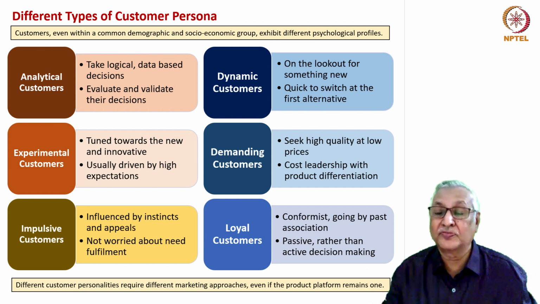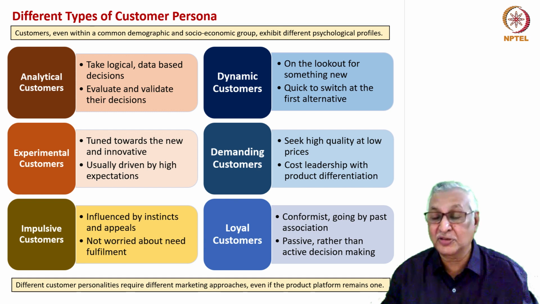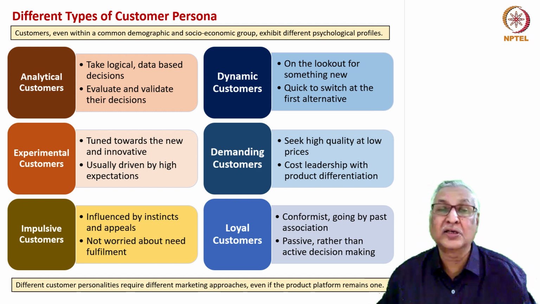They are passive and they do not take active decision making approaches. Different customer personalities require different marketing approaches, even if the product platform remains one. The point to note here is that even with a common cluster of customers, you would have different types of customers who exhibit different decision making and purchasing parameters.